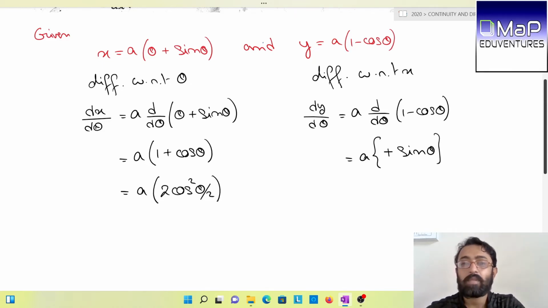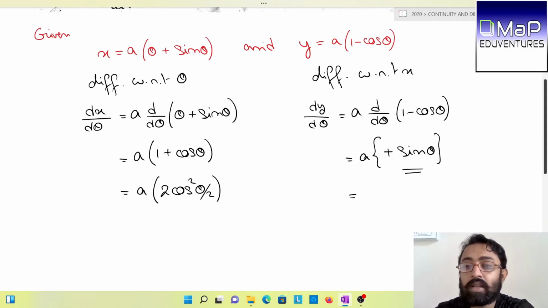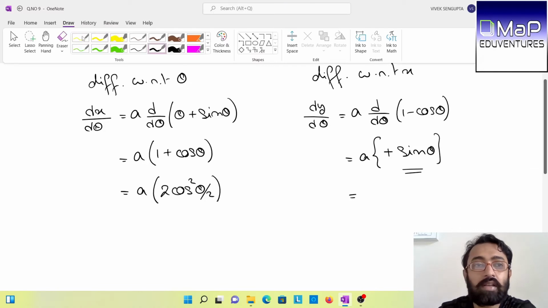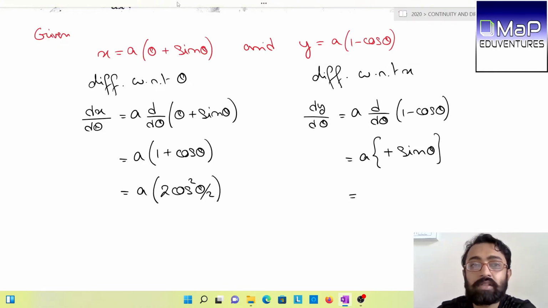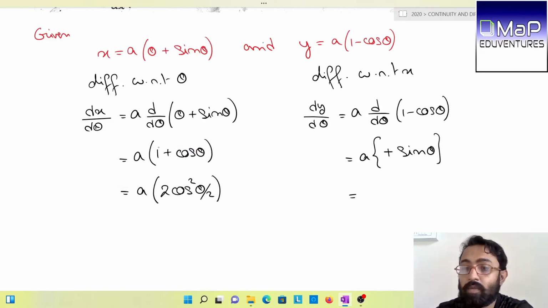Now we know that dy/dx, because of the parametric form, you have to divide dy/dθ by dx/dθ. Let us change this sin θ to the form of θ/2. So what will be the formula?